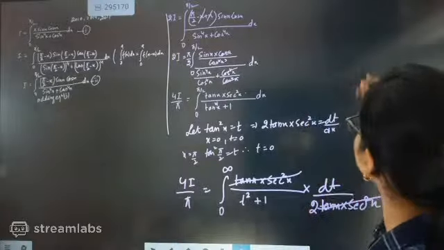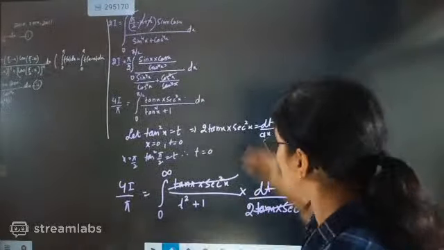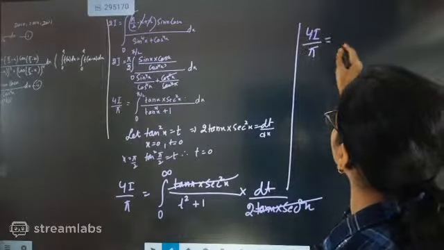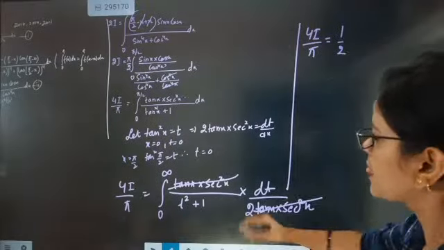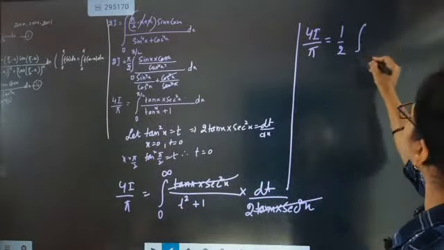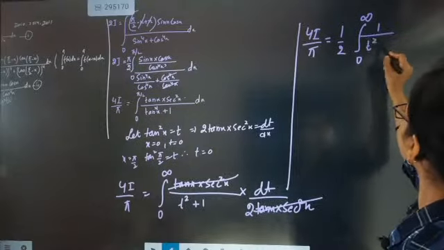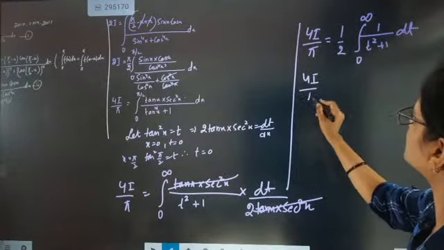So once that is over, we are going to keep 4I by pi equal to 1 by 2 will go out, and then here it is 0 to infinity 1 by t square plus 1 dt.